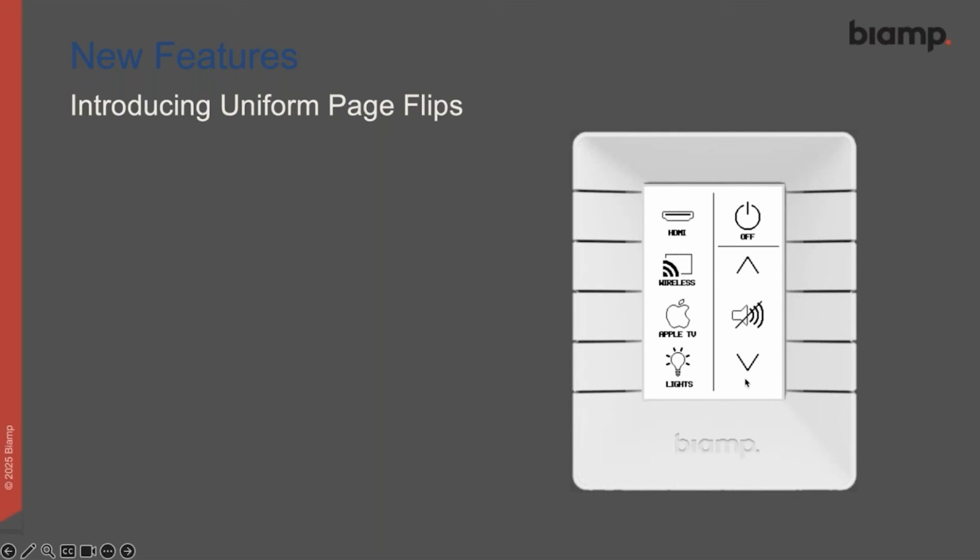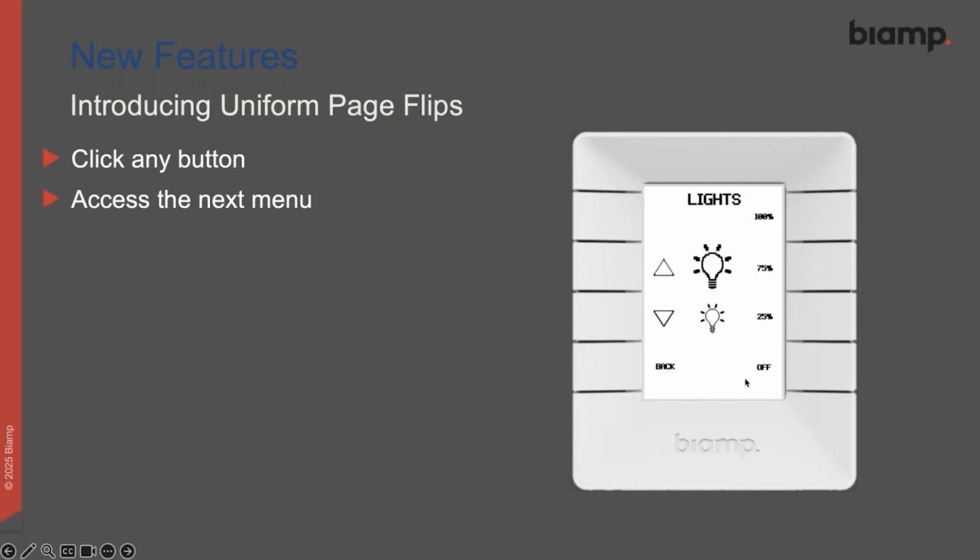But now we support page flips on the uniform control panel, and it's pretty simple. So click any button, and you get access to the next menu or a sub page. And this is the only time it'll require some power, when you press the button to refresh the display. At this point, if you remove the power, the display still retains the controls.